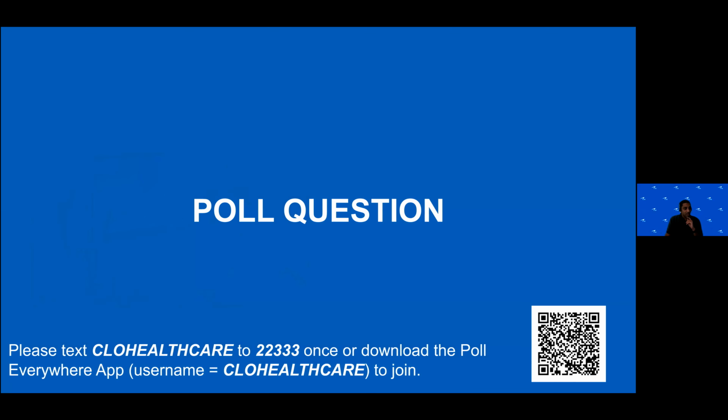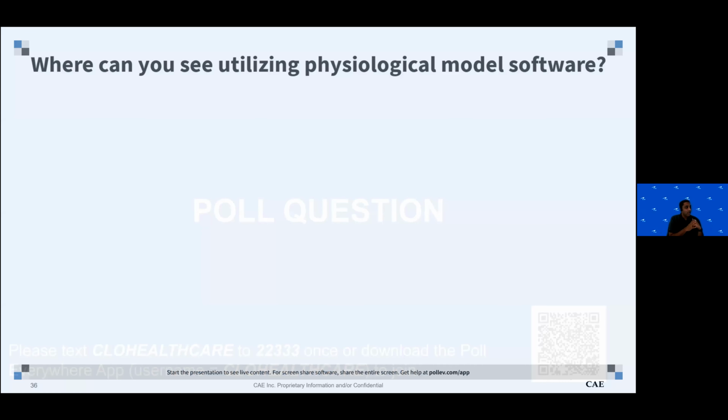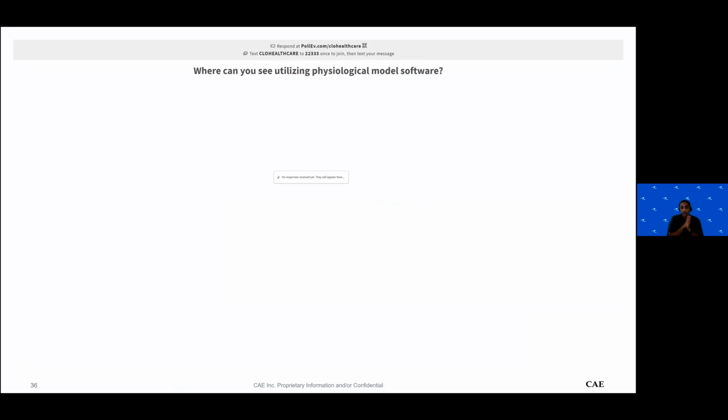I'm kind of curious, I think this is our last poll question in the mix. Where can you see utilizing physiology modeling software? We're wondering what the potential is for you to use this. We see a lot of benefits, but we want that to be true for you as well, right?